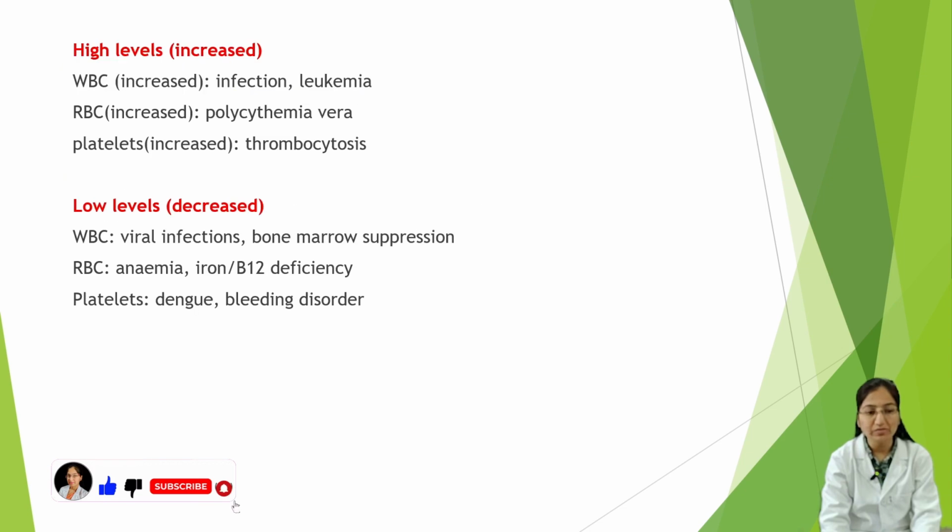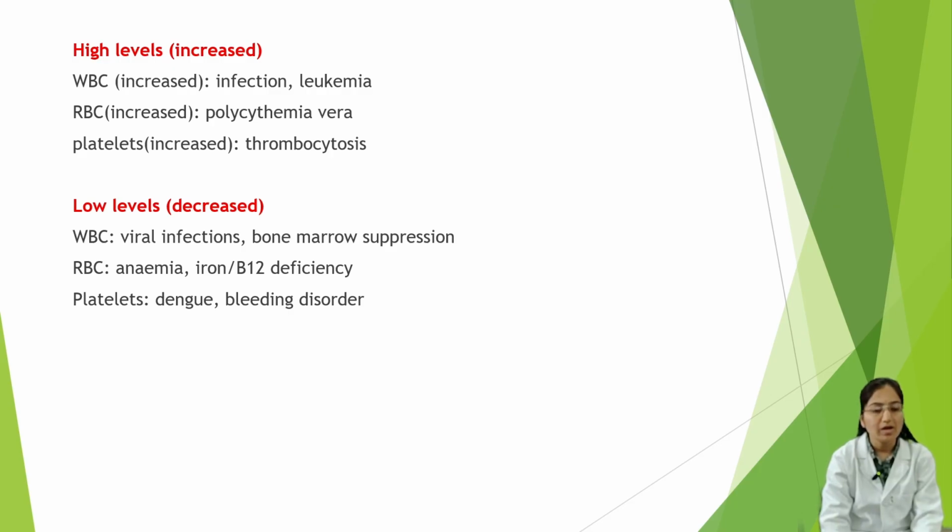Next we'll see if the CBC level increases, what happens to the person. WBC increased means infection or leukemia, RBC increased means polycythemia, and platelets increased means thrombocytosis.